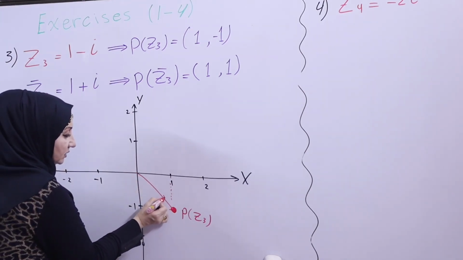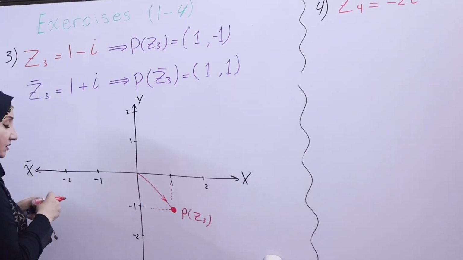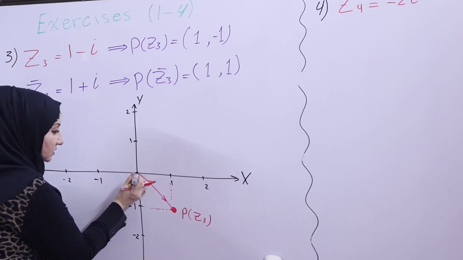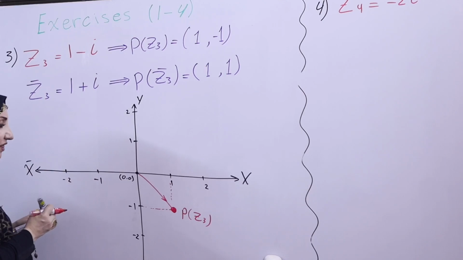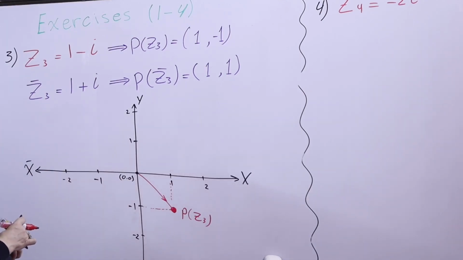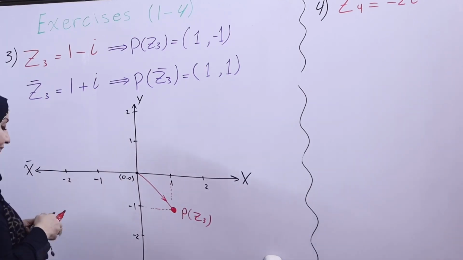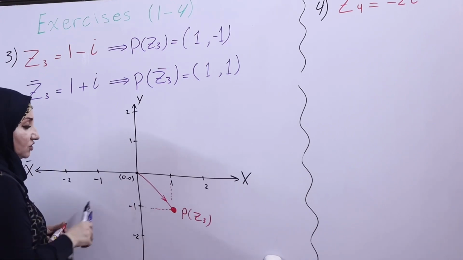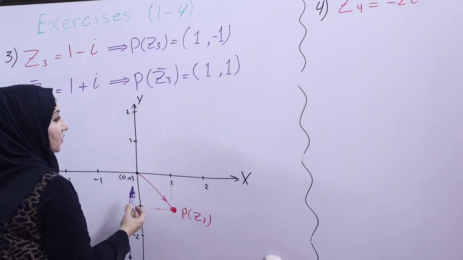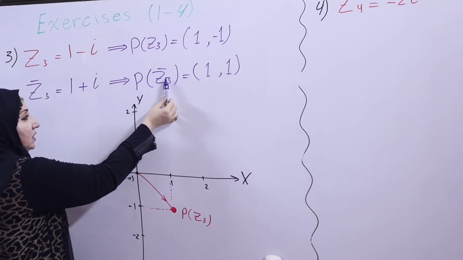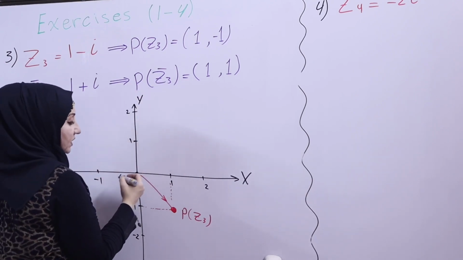So we connect between the origin and the point which represents the complex number. So now this is the Argand shape for the complex number Z3, and now we want to draw the Argand shape for the point which represents the conjugate of Z3.